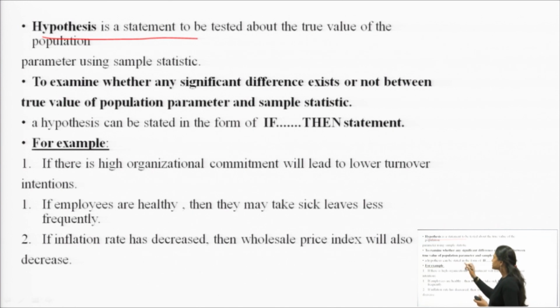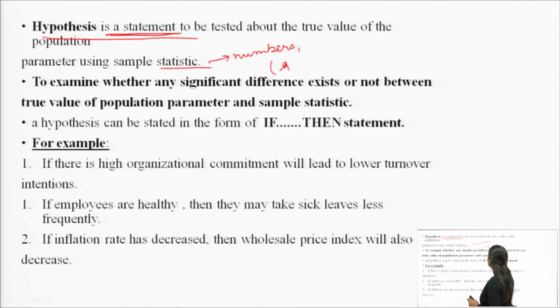So, hypothesis is nothing but a very simple, short, precise and self-explanatory statement that we are supposed to study. We are using the population parameters and the sample statistics. How many sample statistics? It talks about numbers, and numbers talk about quantity.